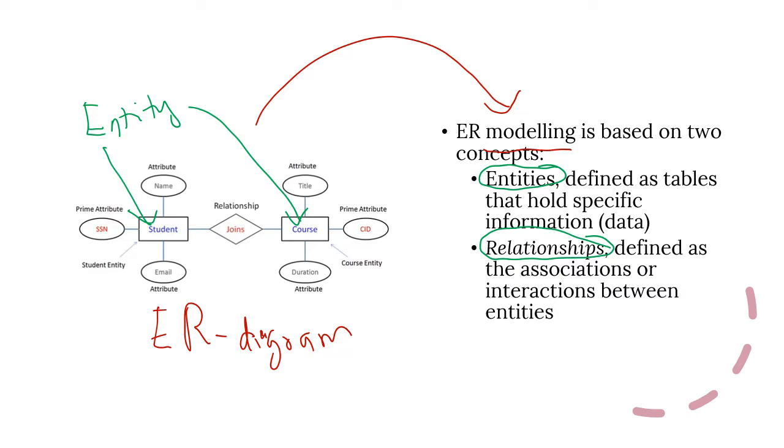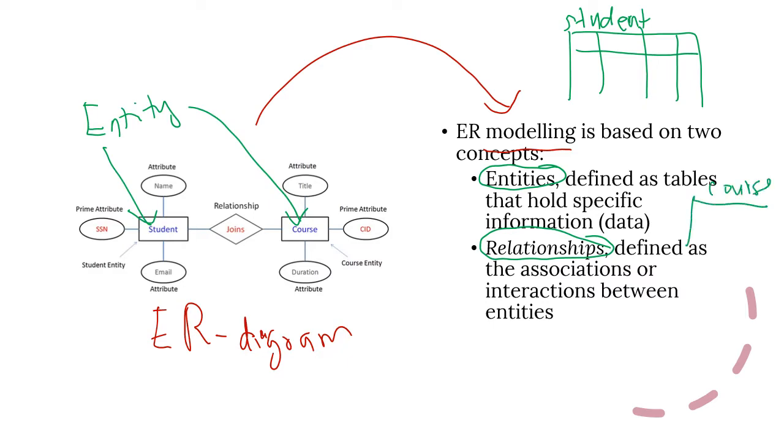In the database, an entity is defined as a table. Remember the table: table of student, table of course. And the columns define the attributes.